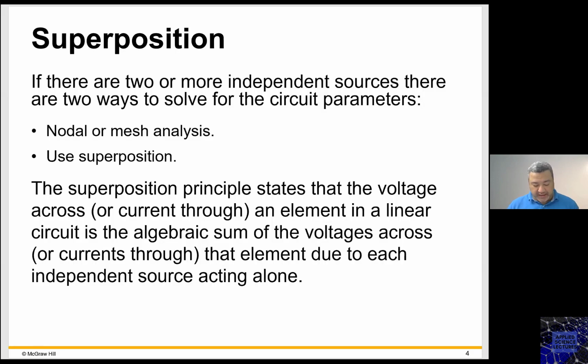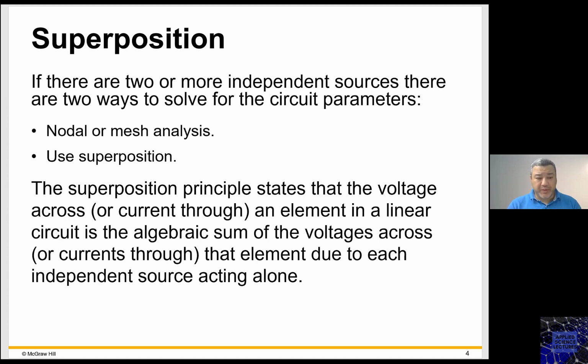This means that I will look at the response due to one independent source at a time and switch off the second one. If I have a circuit that has three independent sources, in this case, I will turn on one at a time, which means I'll turn on one and switch off two.